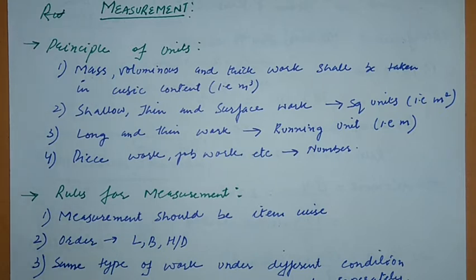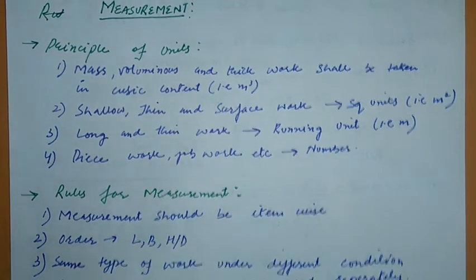So the first thing we are going to discuss is the principles of units. That means how we select a unit for a particular kind of work. The first rule says that if it is a mass, voluminous and thick work, it should be given the unit of cubic content, that is meter cube.